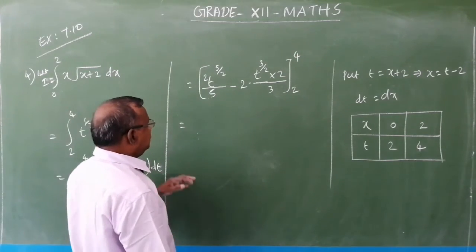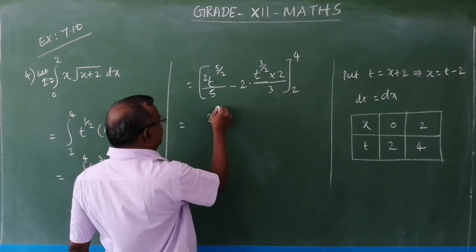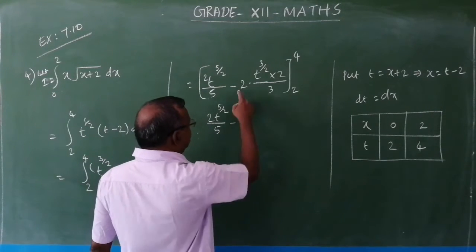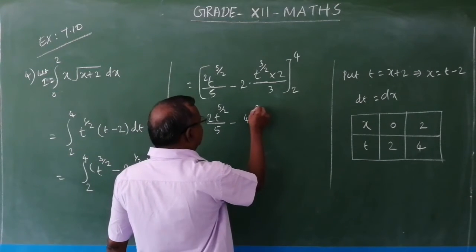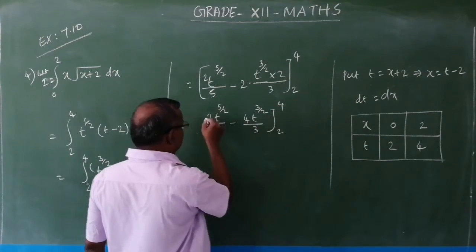So the expression is 2 t power 5 by 2 divided by 5, minus 2 times 2, that is 4, into t power 3 by 2 divided by 3, from 2 to 4.